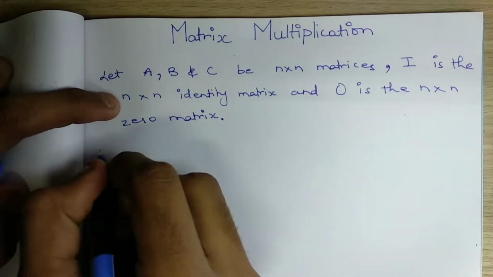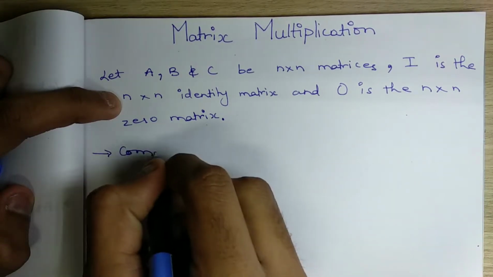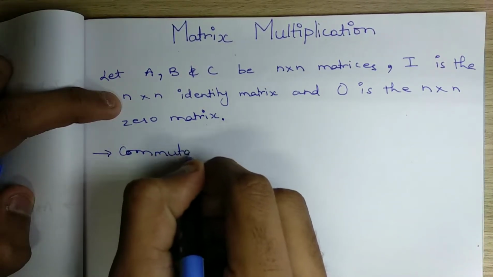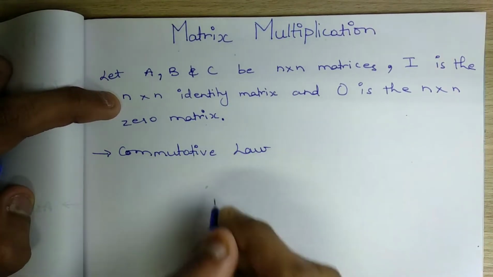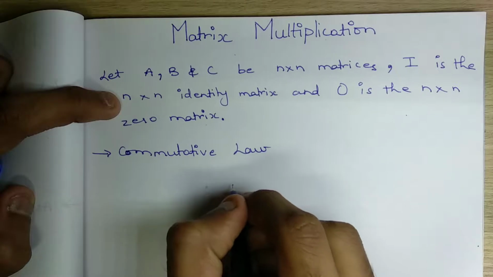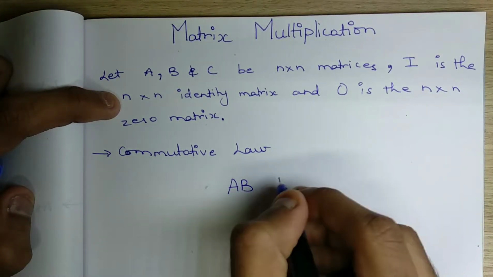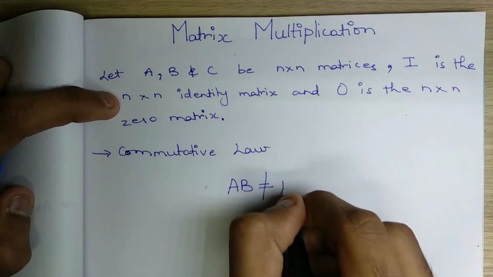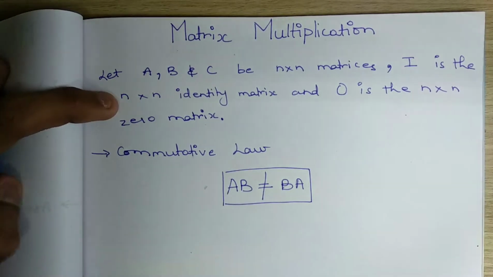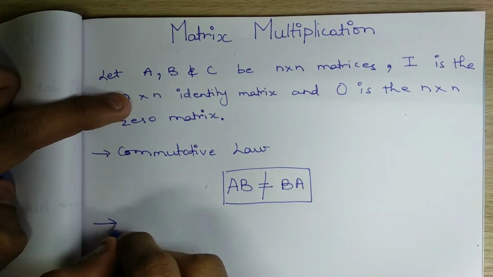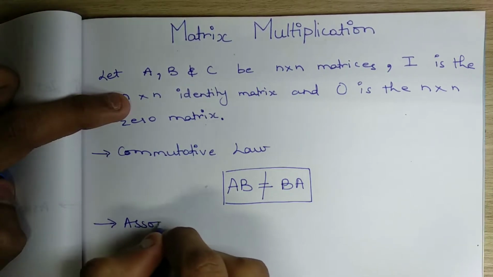So the first law, commutative law. What this law says is A into B is not equal to B into A. The second law, associative law.